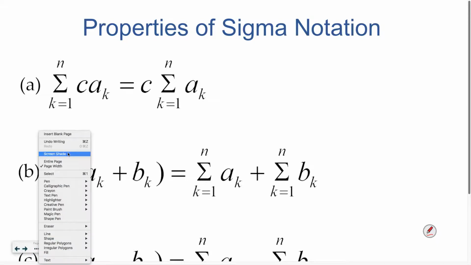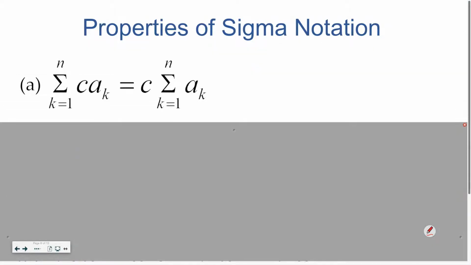So, if you have a constant multiplied to your sequence inside, it is possible for us to move that constant to the outside and worry about the summation first and then multiply by that constant. Kind of like we do with derivatives and integrals, right? If there's a constant, we can worry about it later.